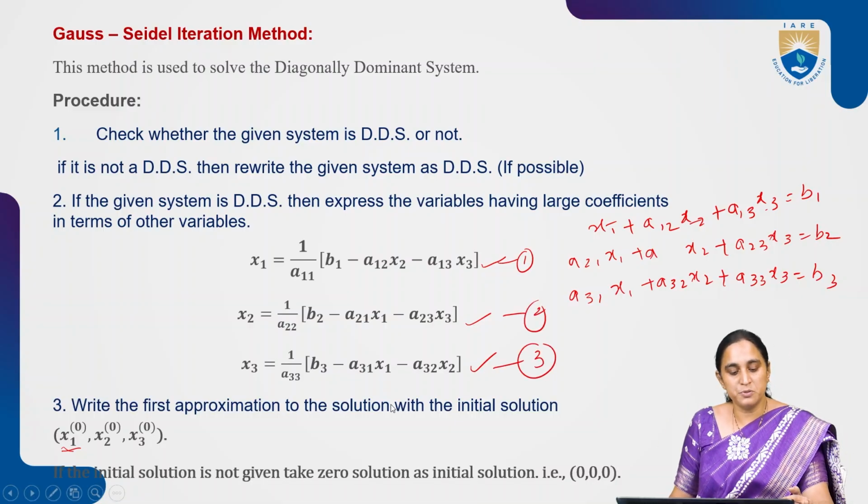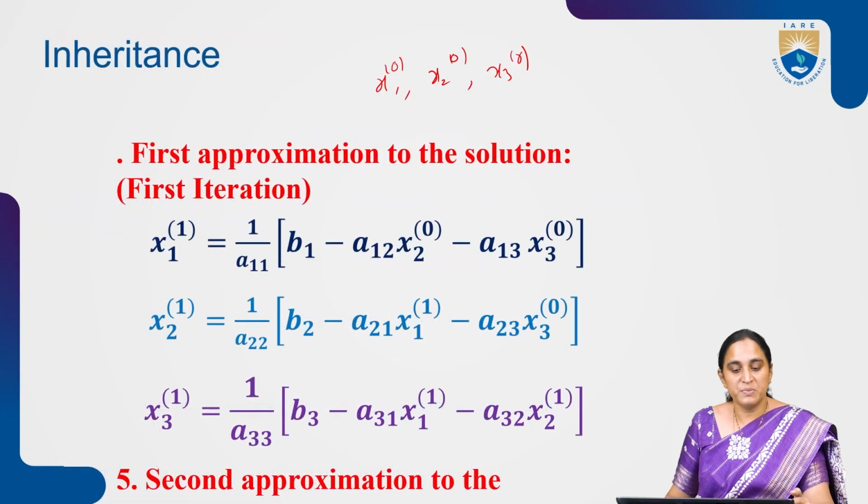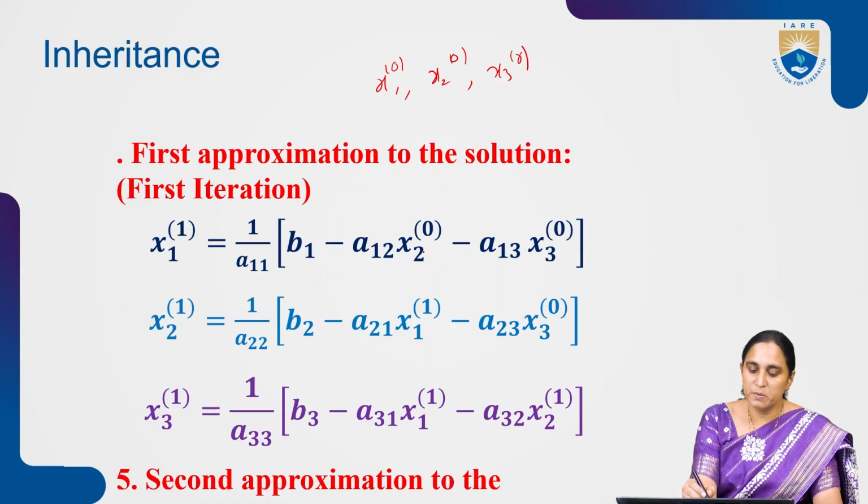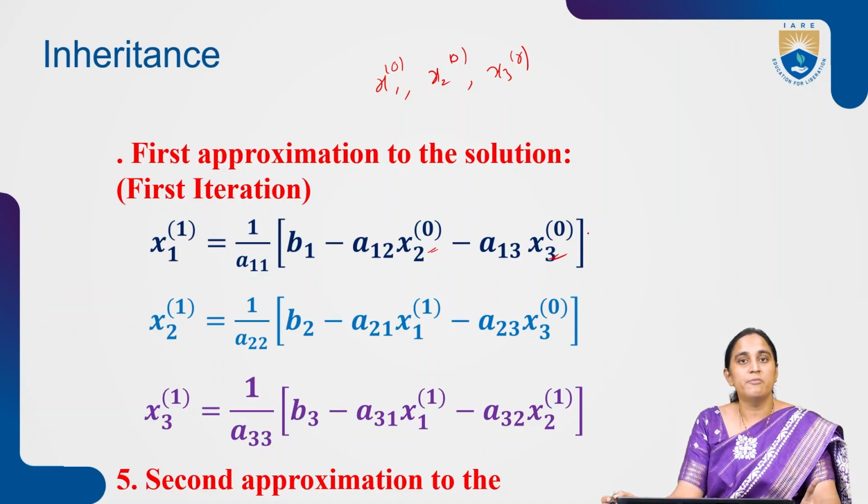First we substitute the initial values, and by using those initial values we get the first approximation. We substitute the x2 power 0 and x3 power 0 values for getting x1 power 1.